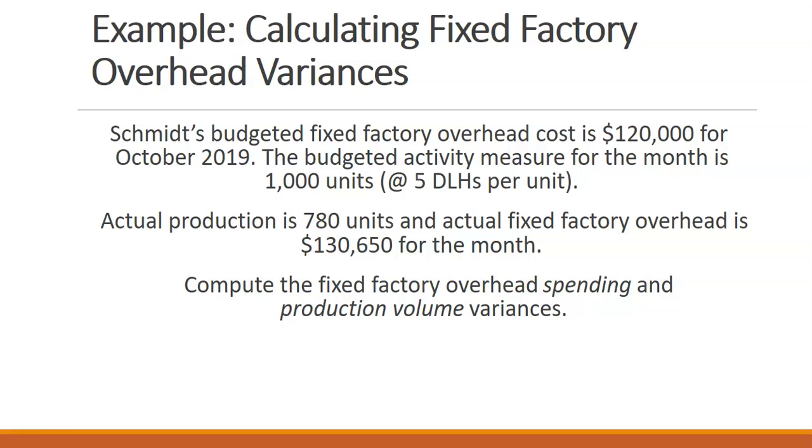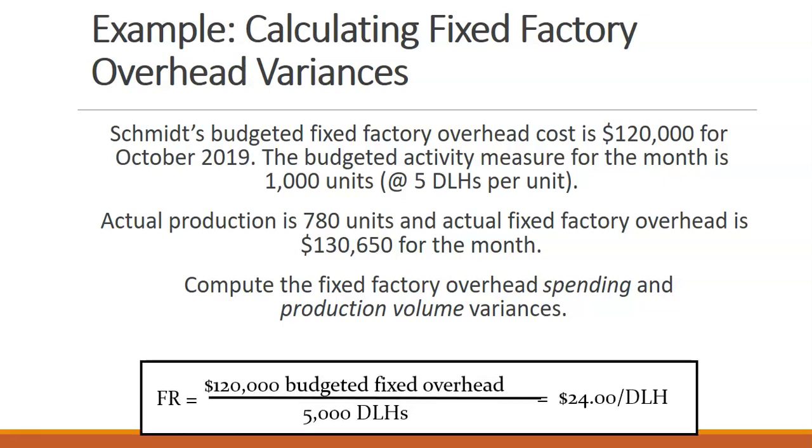So we're going to look at our spending and production volume variances. Our rate of fixed overhead is that $120,000 budgeted fixed overhead divided by our 5,000 direct labor hours, which gives us an application rate of $24 per direct labor hour.